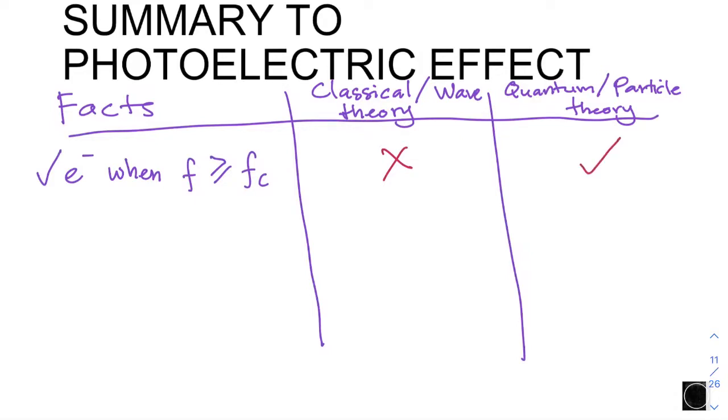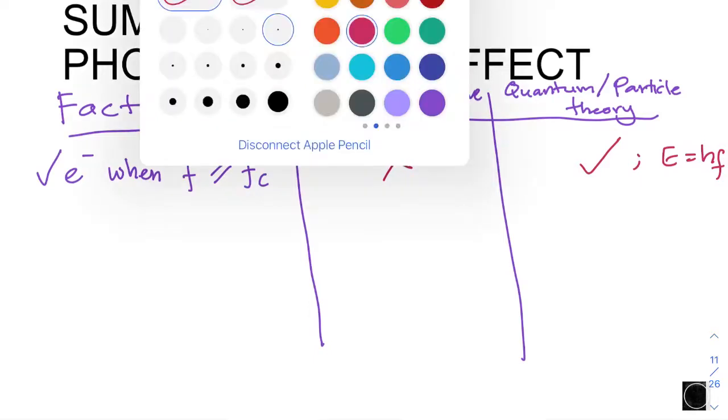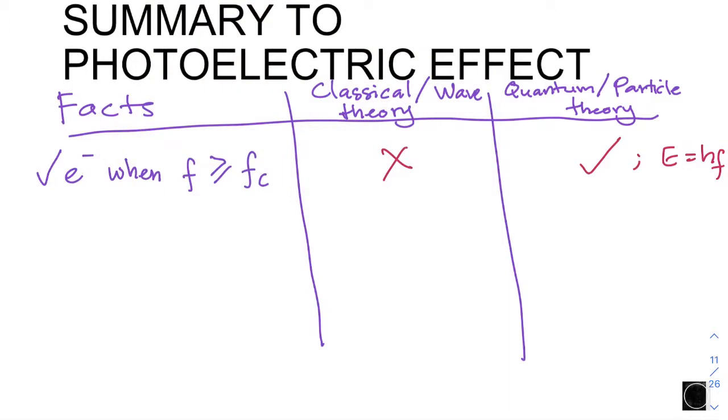But it is explained well by quantum or particle theory, because from particle theory, it is known that frequency is the main factor that influences this, because the energy is directly proportional to f, based on the formula E equivalent to hf.